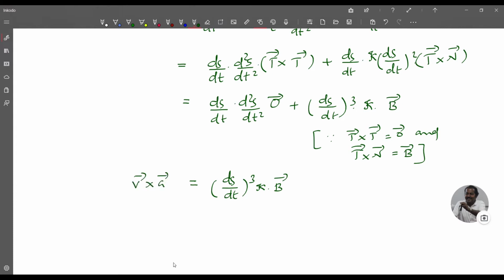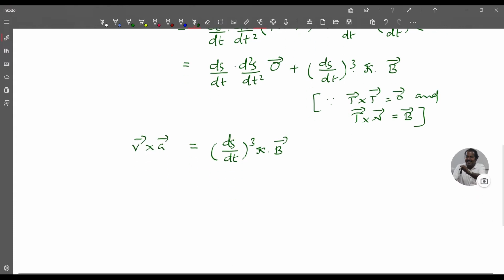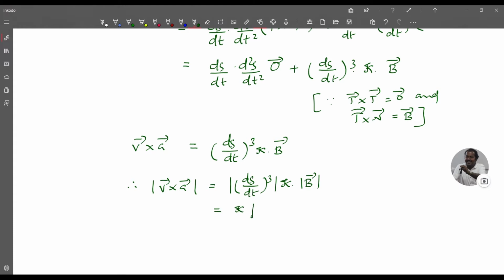Therefore, modulus of V cross A equal to modulus of (ds by dt) the whole cube into modulus of kappa, kappa is kappa itself, into modulus of B. You know that B is a unit vector, so modulus of B is 1. So this is kappa into modulus of (ds by dt) the whole cube into 1.